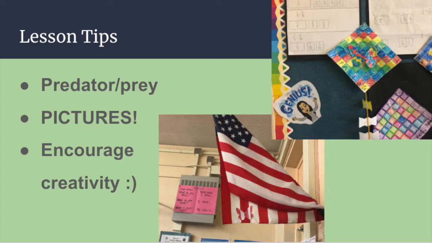And with this, I would definitely include pictures. It's really helpful for students to visualize different animals camouflaging. And also for this lesson, vocab is really important. It could be the first time a lot of students have heard some of these words or not, but I think it's still really important to go over vocab.